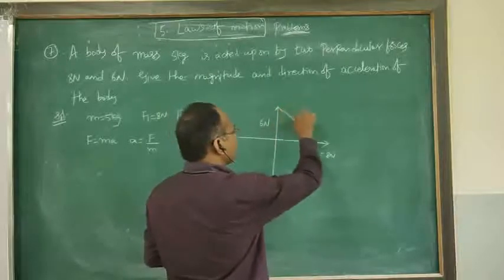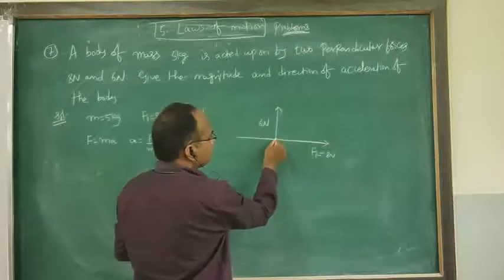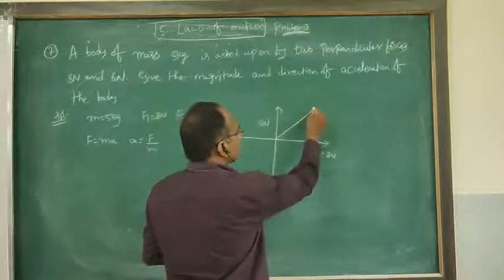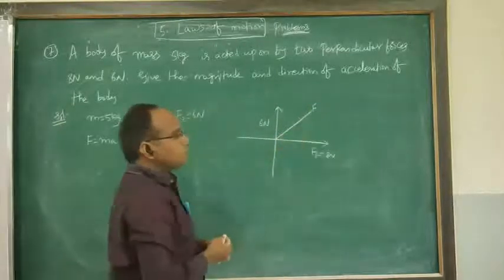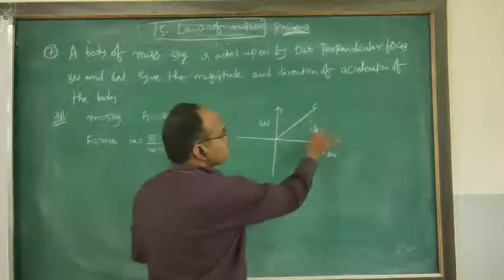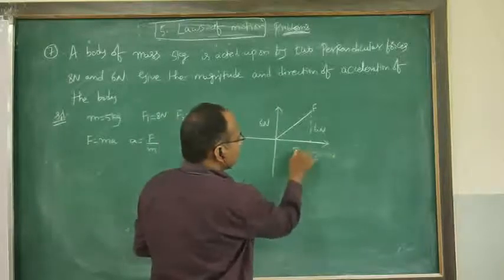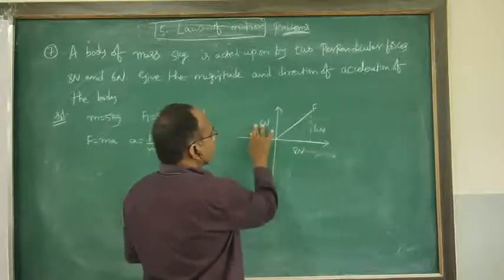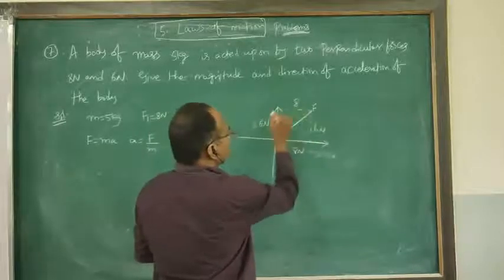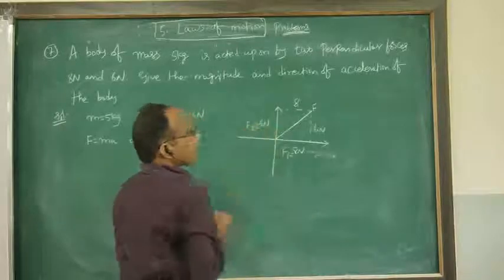I am joining like this, otherwise we can join like this. This is the resultant force. This is 6 Newton, and if I join like this, this is also 6 Newton. And this is 8 Newton, so this is also 8 Newton.